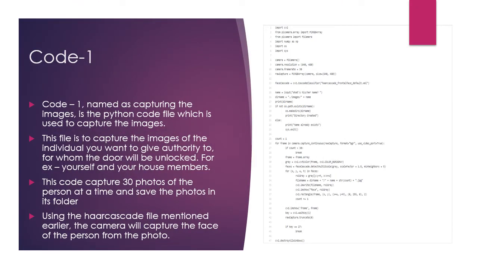So let's walk through the code. This is my first code, and in my GitHub account, it is saved as capturing the images. It is a Python code in which the Raspberry Pi system will capture the images.